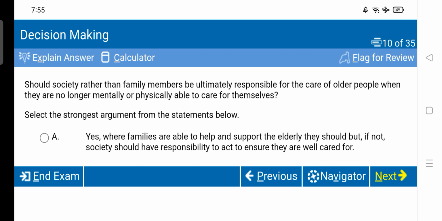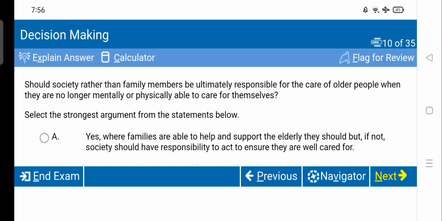Should society, rather than family members, be ultimately responsible for the care of older people when they are no longer mentally or physically able to care for themselves? Select the strongest argument from the statements below.